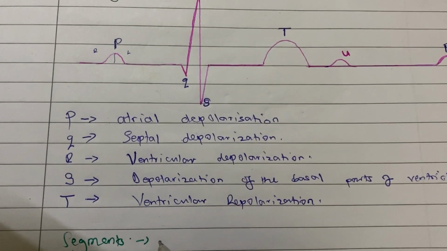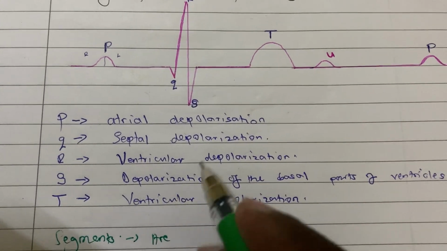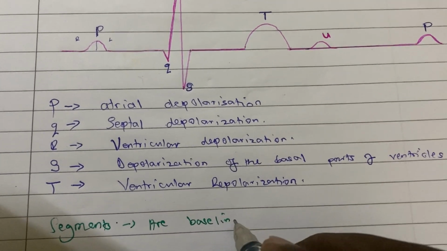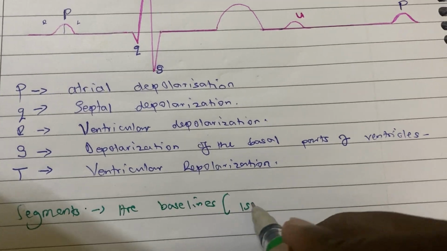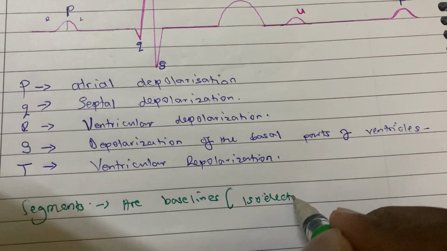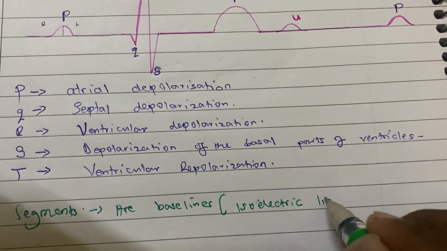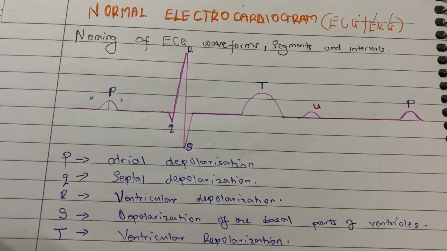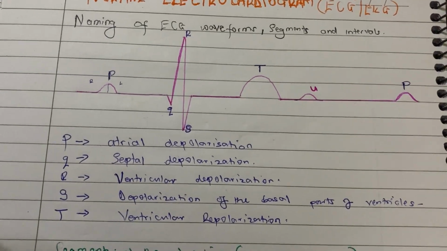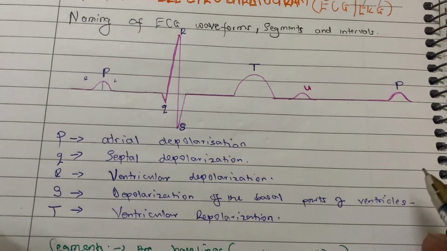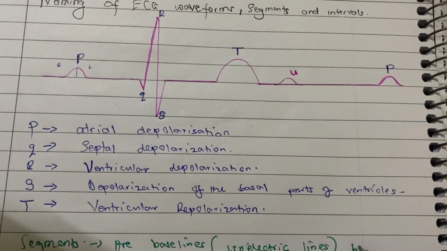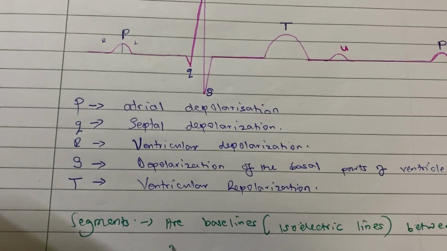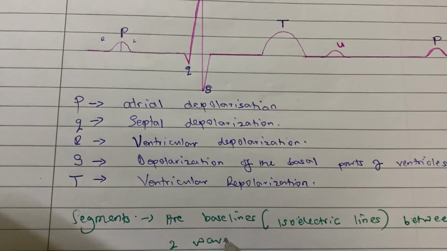Segments are just baselines, or in brackets, isoelectric lines where there is no deflection, and they lie between two waveforms.